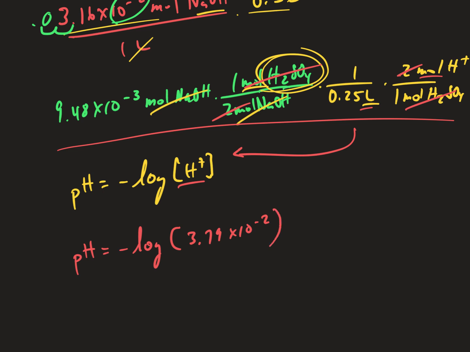So now we do the negative log of that answer, and that's our pH, which is what? 1.42.